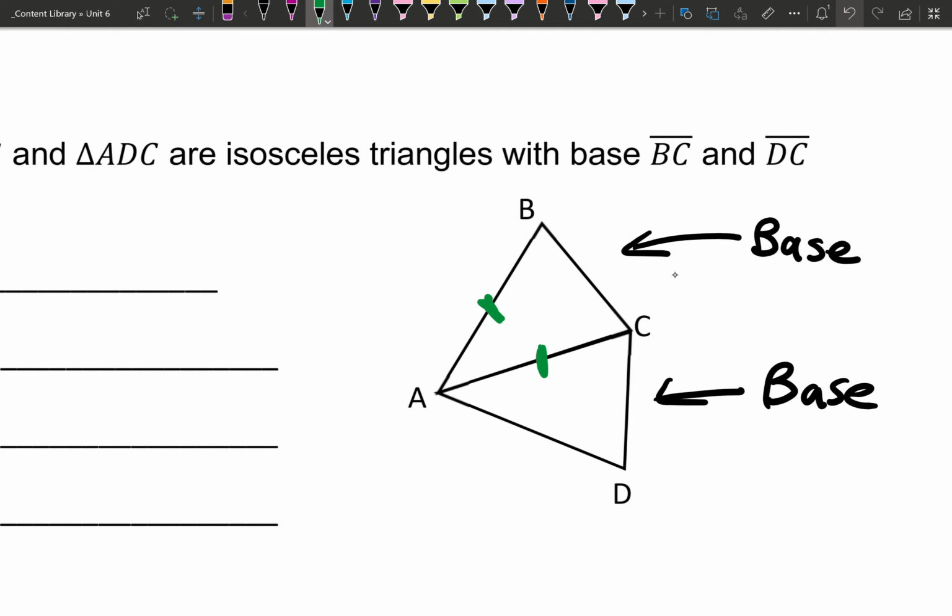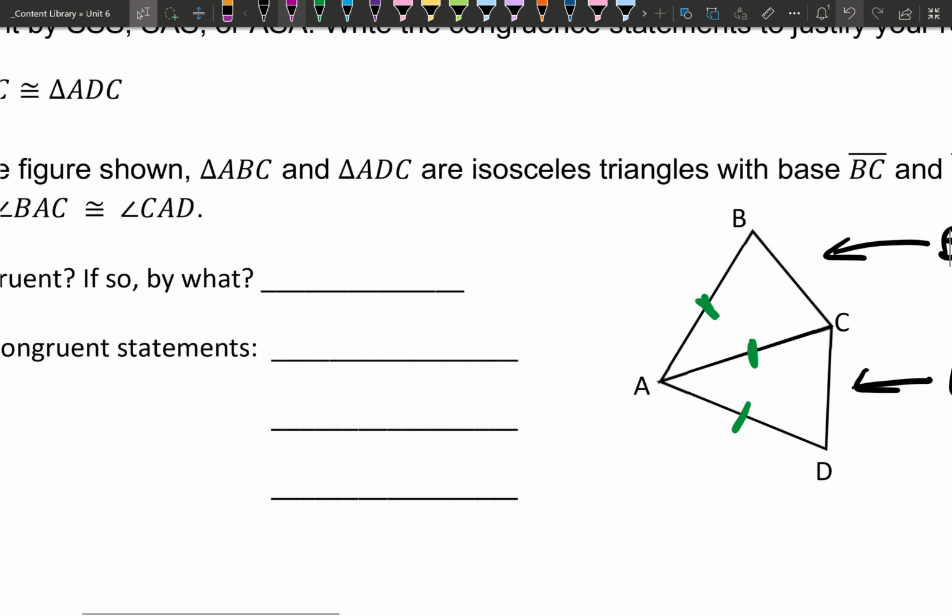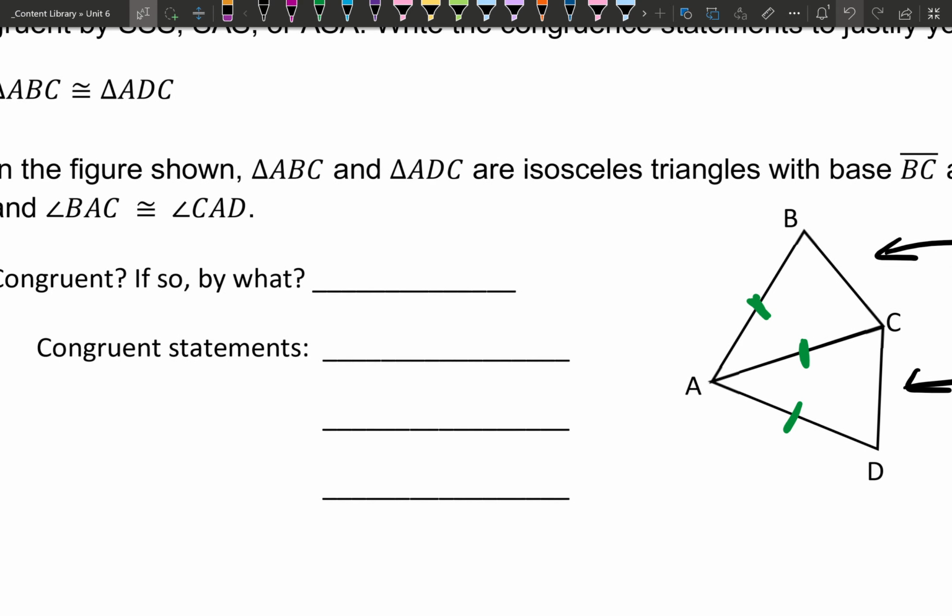Now in the triangle below it, it also has two congruent sides attached to it. Now since AC already has one tick on it, AD should have the same tick because they will have the same measurement.